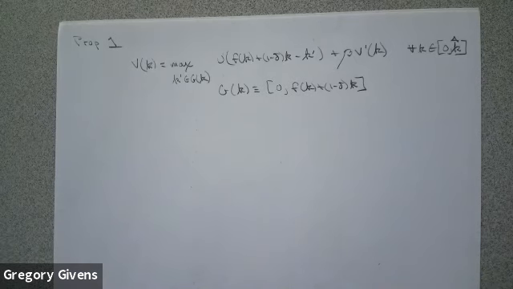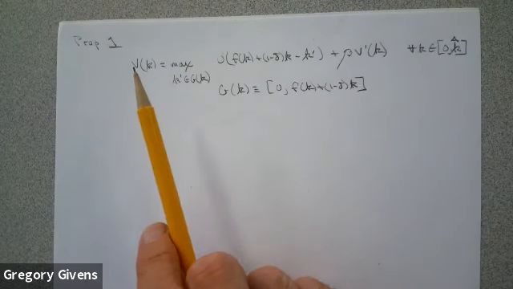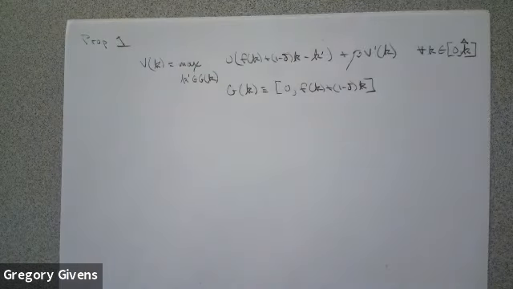Moreover, the value function v is strictly increasing, strictly concave, and the policy function for the capital stock s of k is non-decreasing in k. How many of those things have we already established? All but one, right?